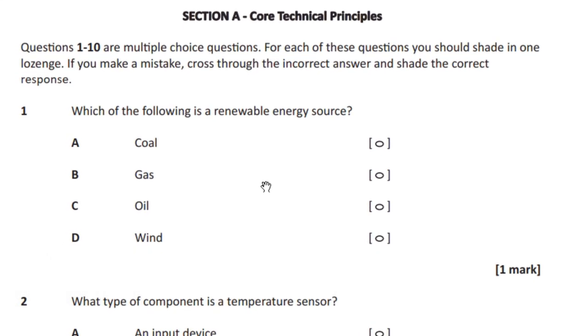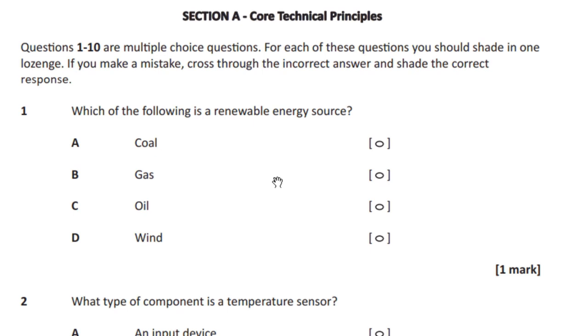Question one, which of the following is a renewable energy source? Well, renewable means that usually comes from a natural source. So things like wind, geothermal energy, solar energy, tidal energy or tidal waves are renewable, which means they're from a natural source.